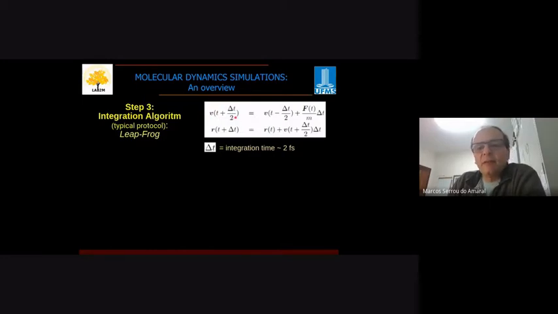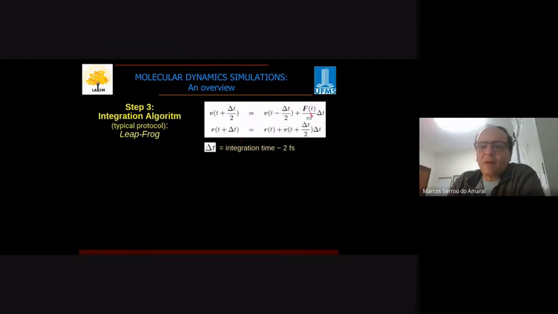The new velocity you get from the velocity that you have, and you need the force, the mass, and delta t. This delta t is called the integration time, and it is a very important parameter.